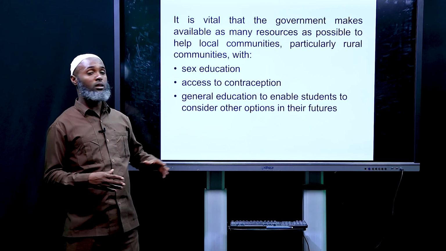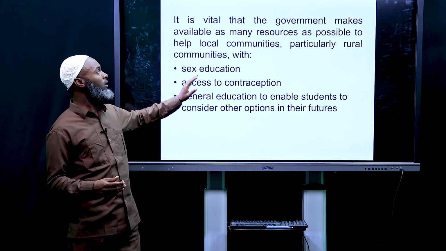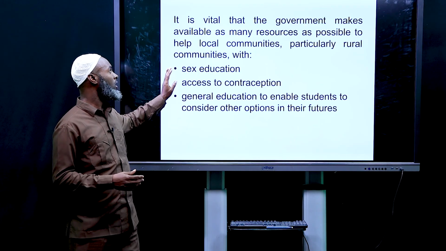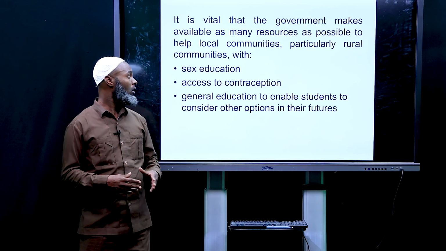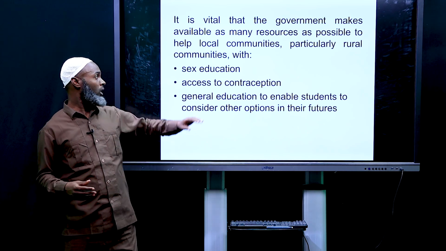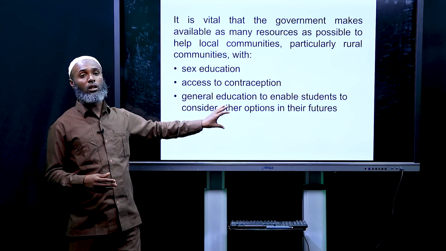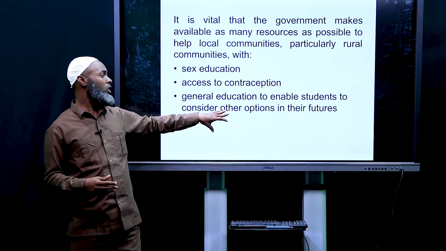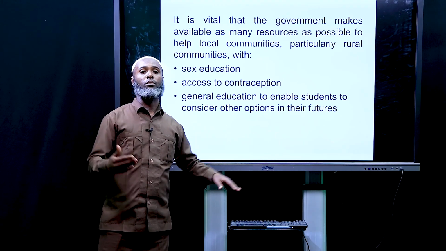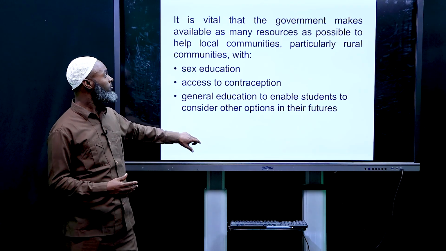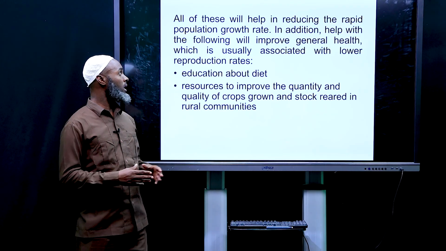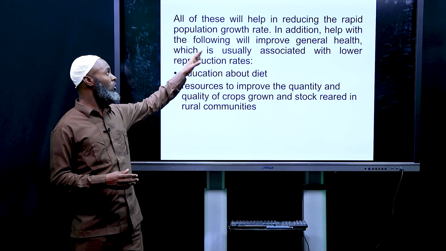It is very important and vital that the government makes available as much money and resources as possible to help local communities, particularly rural communities, with sex education, access to contraceptive methods, and gender education to enable students to consider other options in the future. All this together will help us reduce the rapid population growth rate.